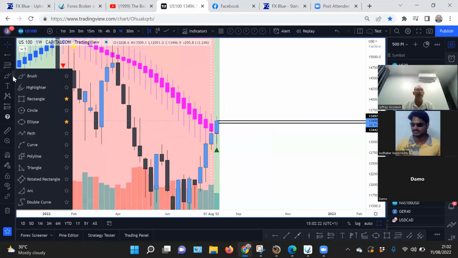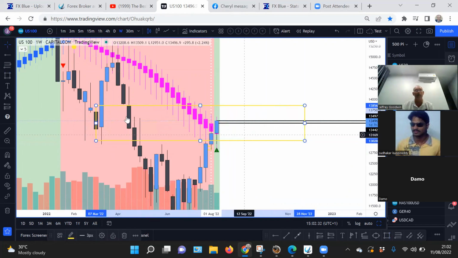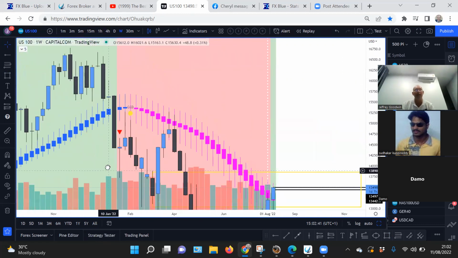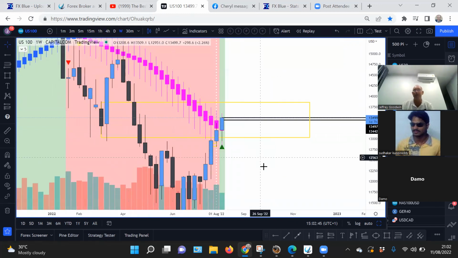I could potentially draw an area. That's the last low before that. So that's where we are right now. From a supply and demand, or even a bank, as the last low before the up. But for me, that's more of a continuation on the downtrend. But it could quite easily reverse.